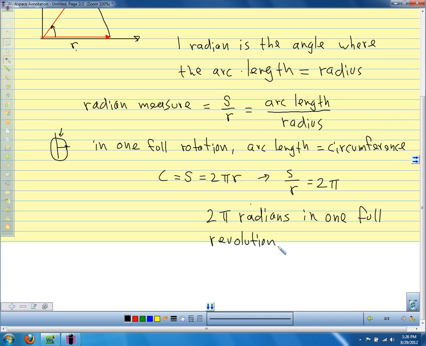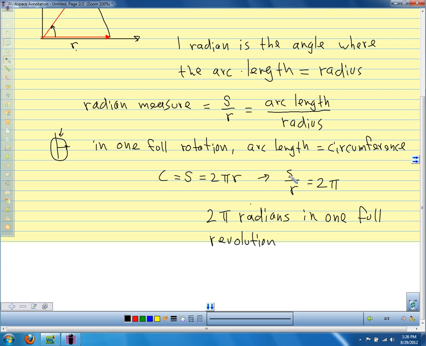When we rotate around the circle one full time, the terminal side of our ray has rotated through a radian angle measure of 2 pi radians. So we have 2 pi radians in one full circle.